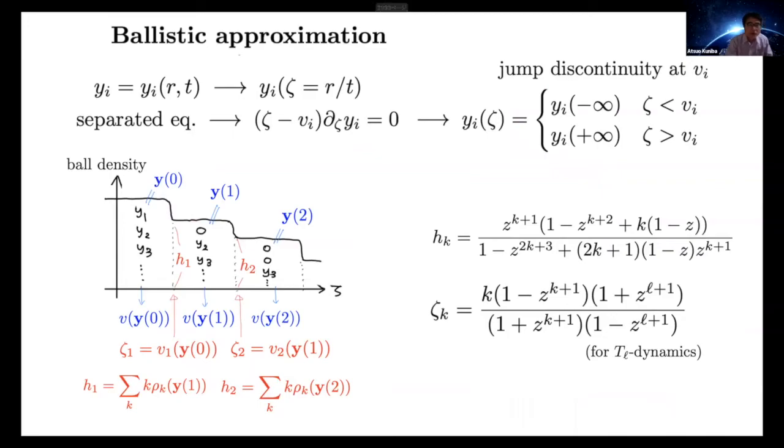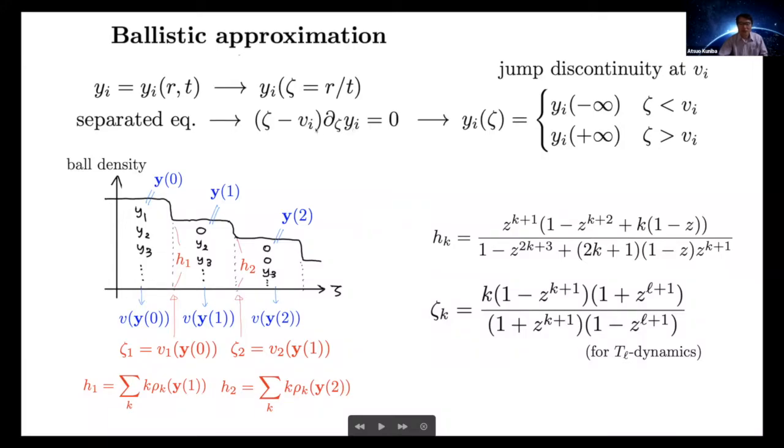So the first step is the ballistic approximation, by which I mean that the space-time dependence only comes through this combination, the ray variable zeta. Then the separated equation, if I use this fact, becomes like this. This is a kind of very strange or singular equation. It means that if zeta is not v_i, y_i must stay constant.